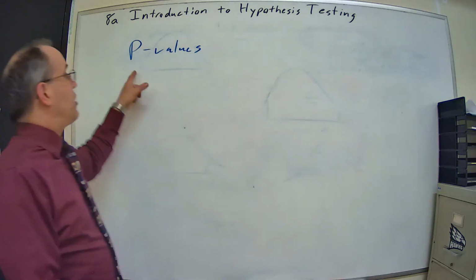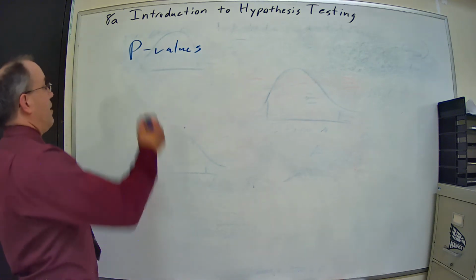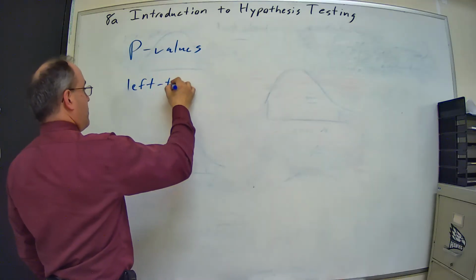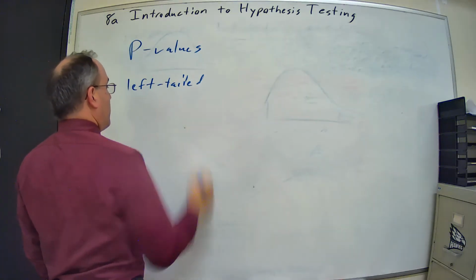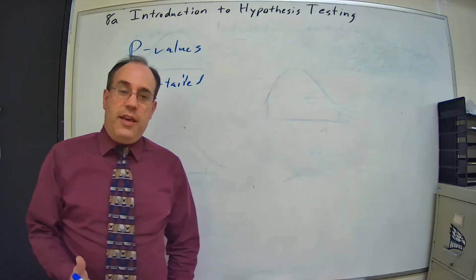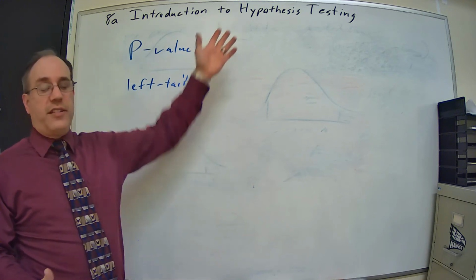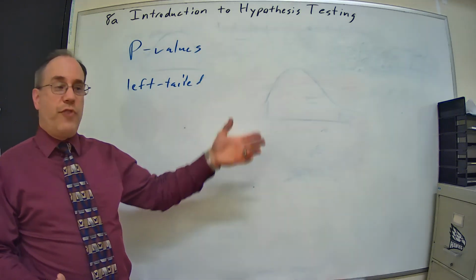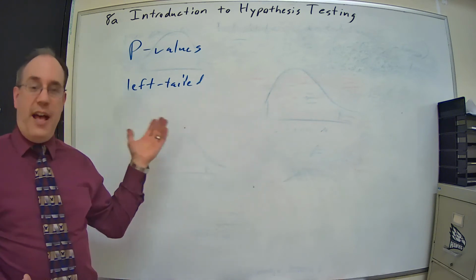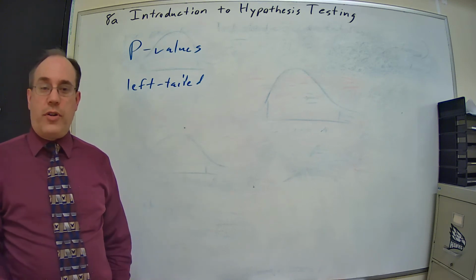But first, let's look at these p-values and how we find them. Okay, if we have a left-tailed test, then we are going to use our test statistic to find the area to the left, and that's going to come straight from our table.